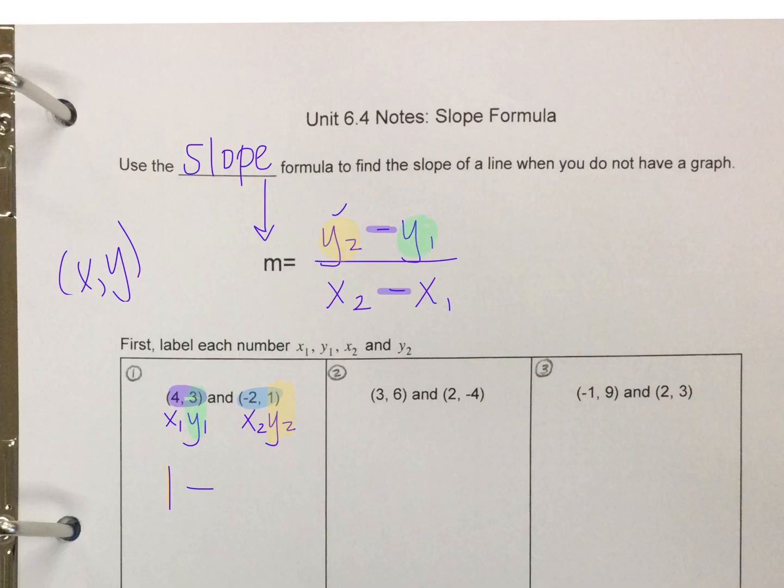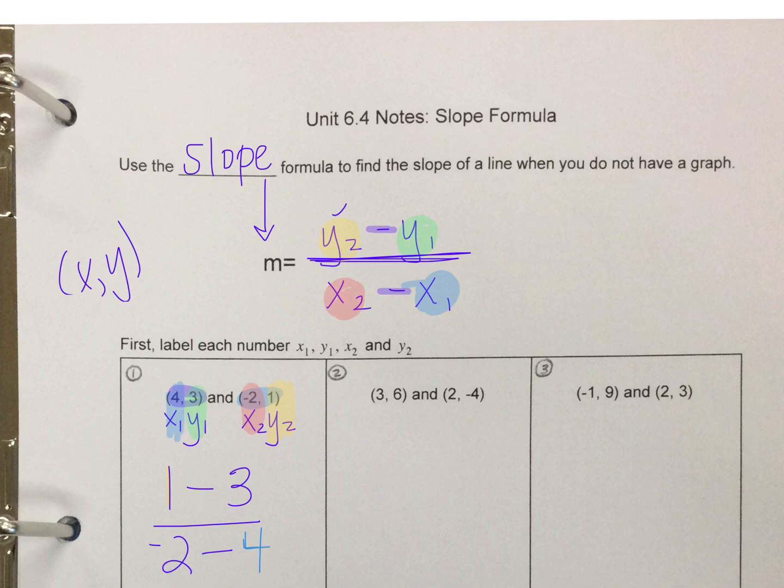Well, I look over here. y1 is a 3. And then I do my line, divided by x2. x2 is a negative 2, minus x1. x1 is a 4.